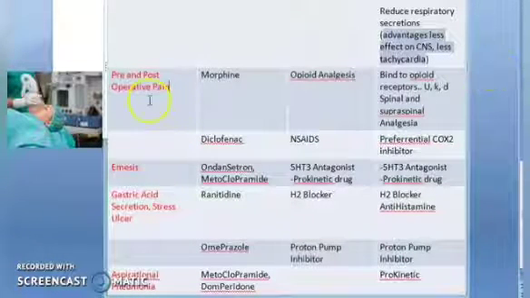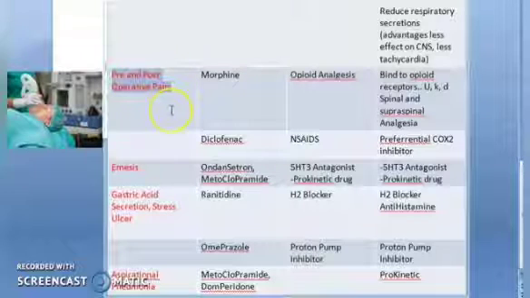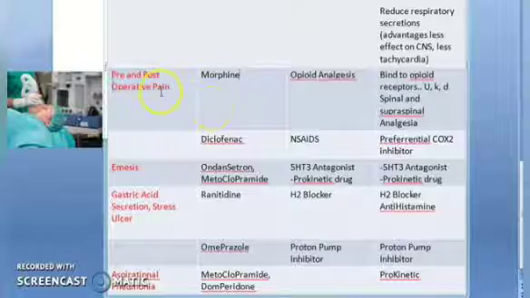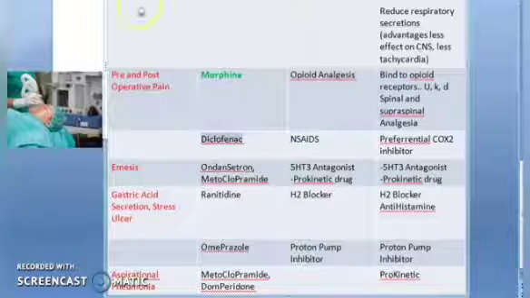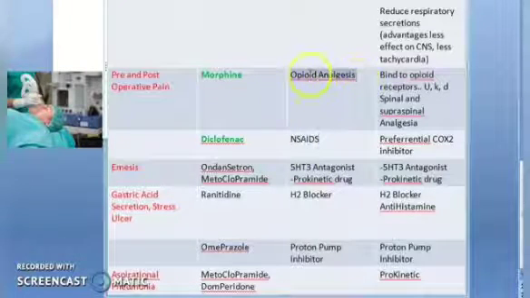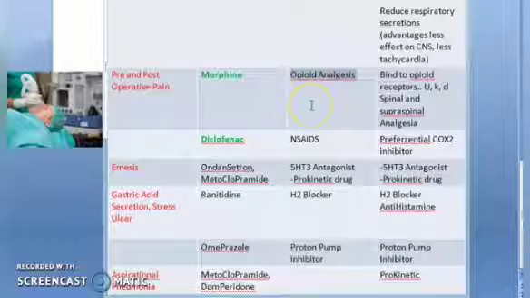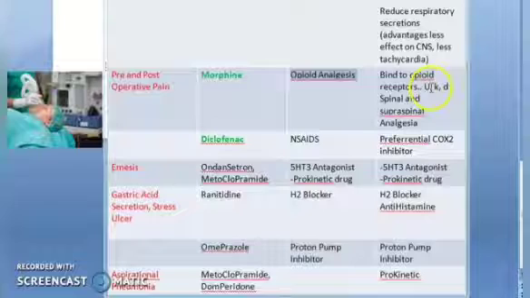So now let's move on to the next problem. The next problem is pain. Now how will you manage pain? You can give either morphine or diclofenac. Based on the type of pain you can decide. Morphine is an opioid analgesic. It will bind to the opioid receptors, the mu, kappa and delta receptors.